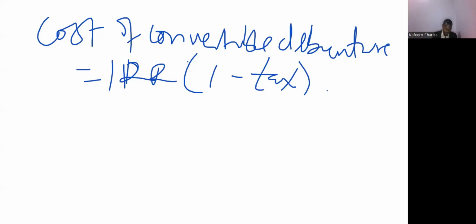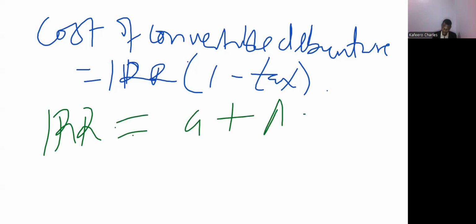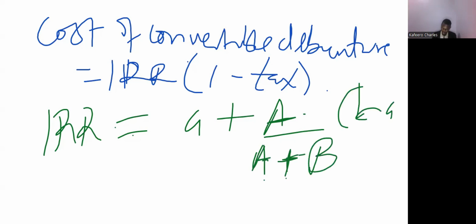But we said IRR, we know the formula. IRR equals A plus capital A over capital A plus capital B, into B minus A. When you are writing the formula, this is supposed to be a minus, but when you are making the computation, you will just see that it is coming to be more of a plus sign.